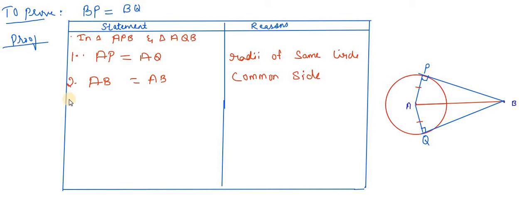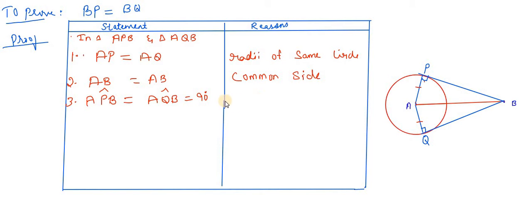So next, the third statement. We can write that angle APB is equal to angle AQB, which is equal to 90 degrees. Why? Because this angle is 90, this angle is also 90. Why is it 90? Because the radius drawn at the point of contact is perpendicular to the tangent.